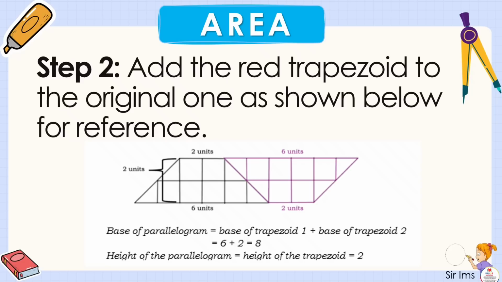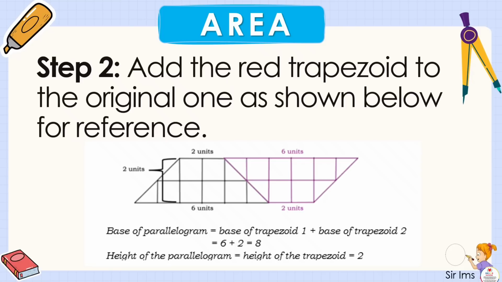Yung base ng ating trapezoid 1 is 6 units, then yung base ng trapezoid 2 is 2. So 6 plus 2, we get 8. Then the height of the parallelogram is equal to the height of the trapezoid. Ibig sabihin, magkapareha sila ng height. So yung given height natin a while ago is 2 units.